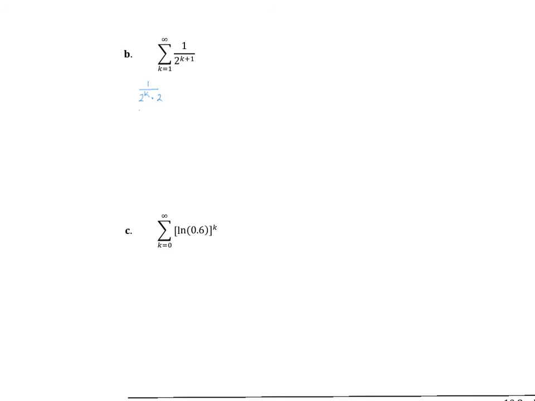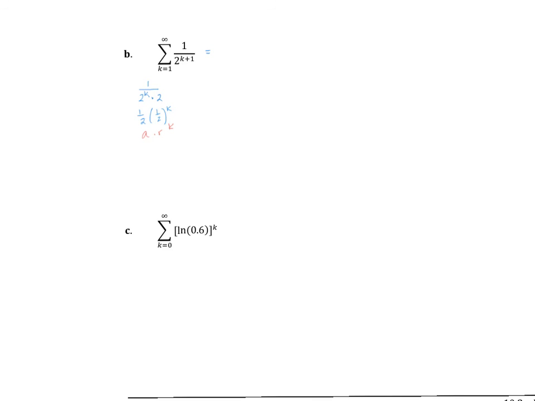So if I take out the 1/2, and the 1 over 2 to the k would be 1/2 to the k power, then I have my a, my r to the k. And I can see my a is 1/2, and my r is also 1/2. But I didn't have to do that.